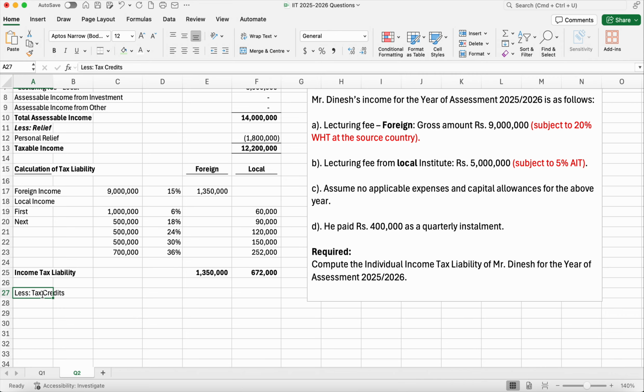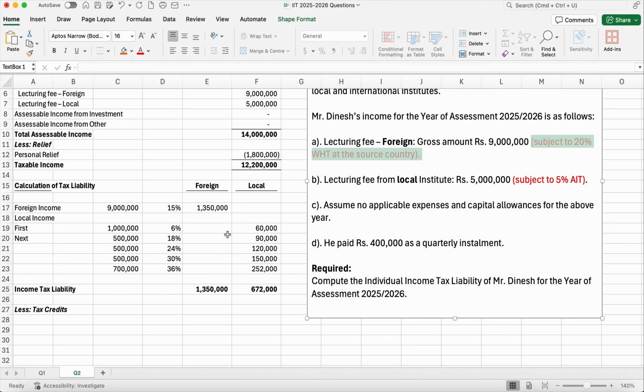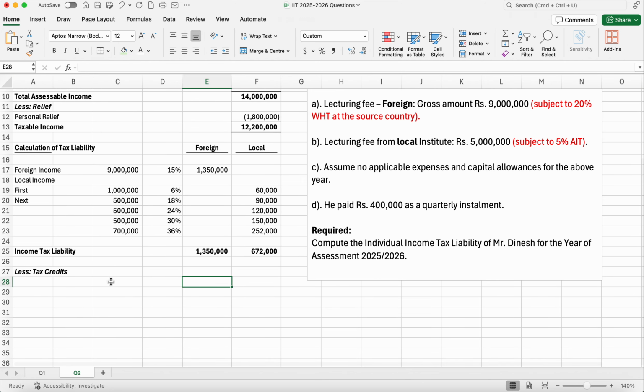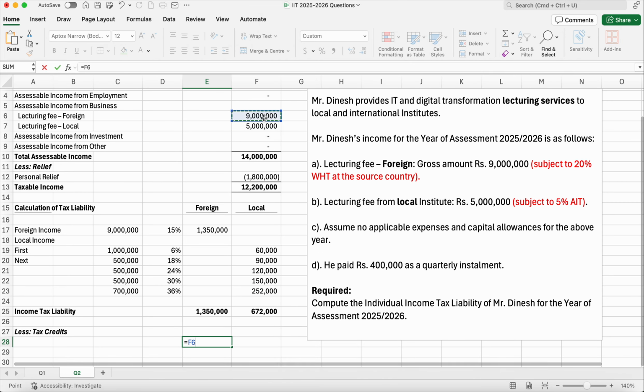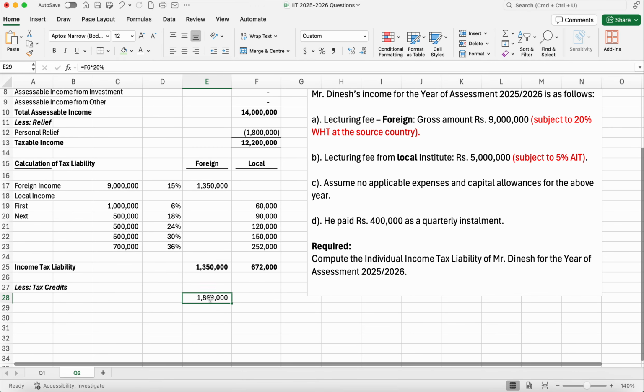Under that, what tax credit, this person is having 20% foreign tax credit, but as per the law you can go up to a maximum of 15, because the tax rate is 15 here. Because income was 9 million, if you multiply it by 12% to get the foreign tax credit, it's 1.8 million.